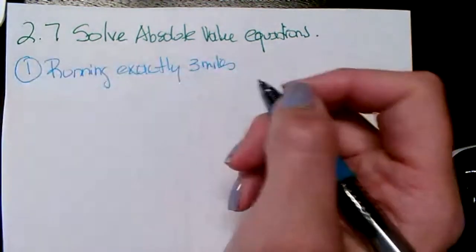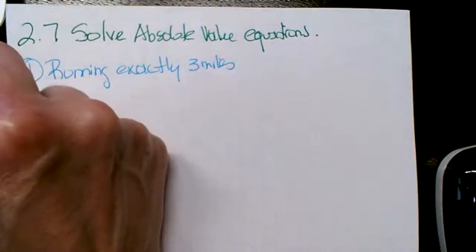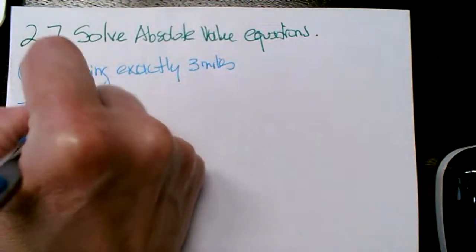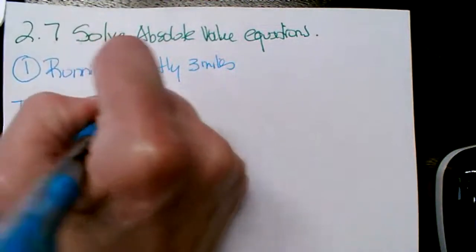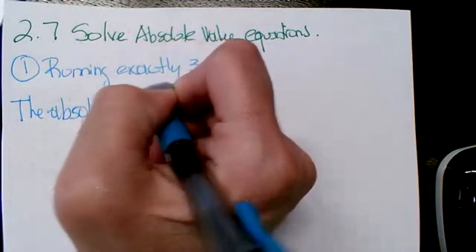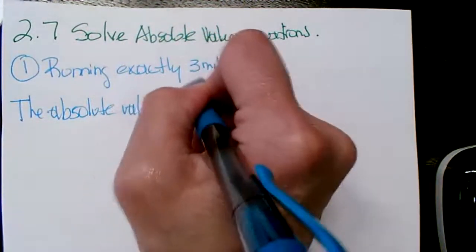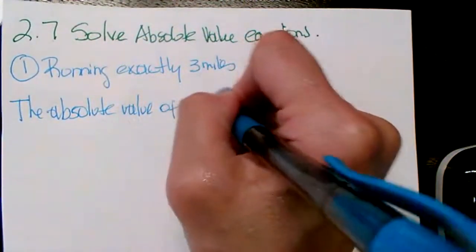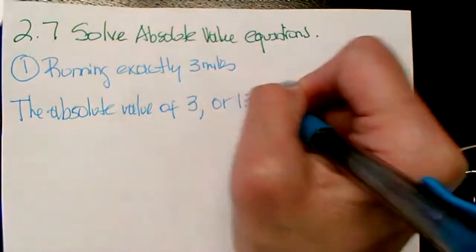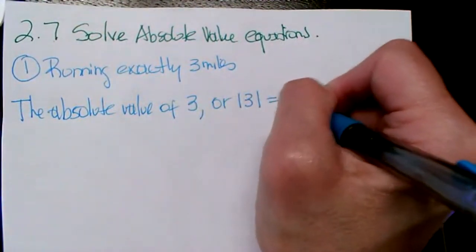So let's do the first one. The absolute value of 3 is equal to 3.